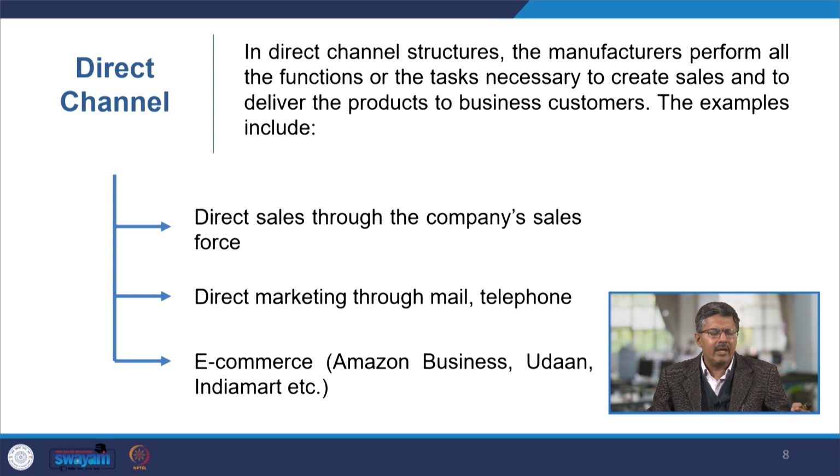Suppose a company wants to sell some lab instruments to IIT Roorkee. In that case they would directly try to reach the professors, talk to the technicians or the technical people, and try to understand what the requirement of IIT Roorkee is, and then they can place an order accordingly.